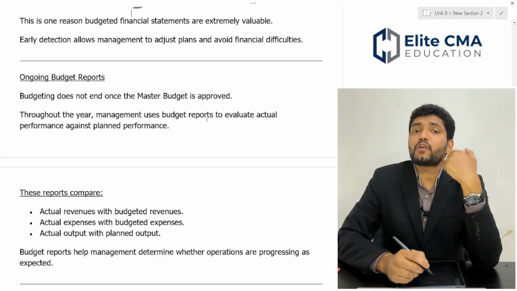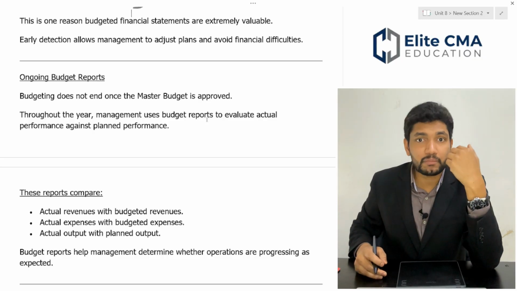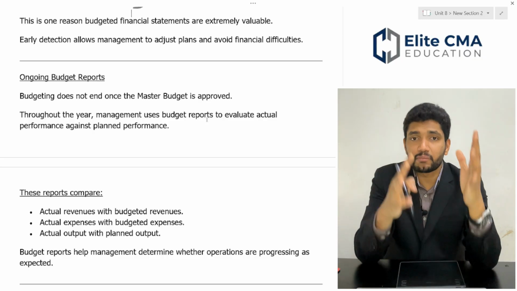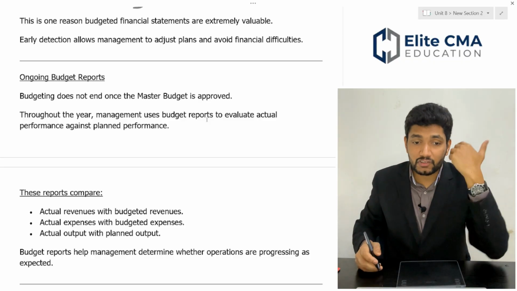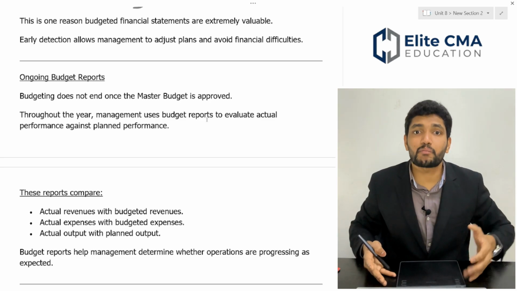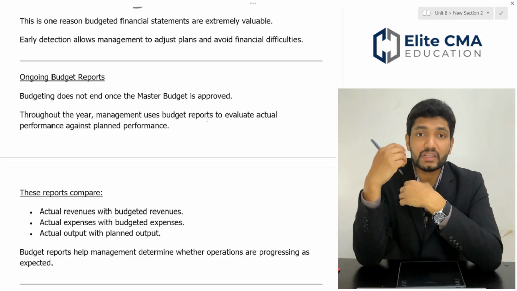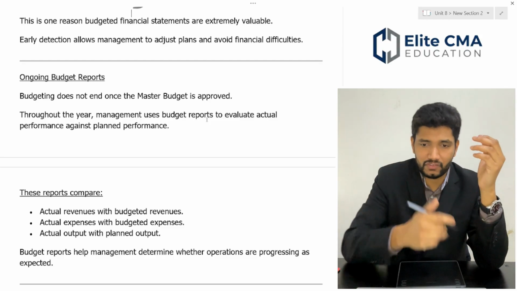Now, if you remember, we discussed in the previous session that budgeting is an ongoing process. It is not a one-time process. Once the budget is approved by the management, it has to be implemented into an action plan, and there should be a periodic review system to see the variances and take corrective action to address them.